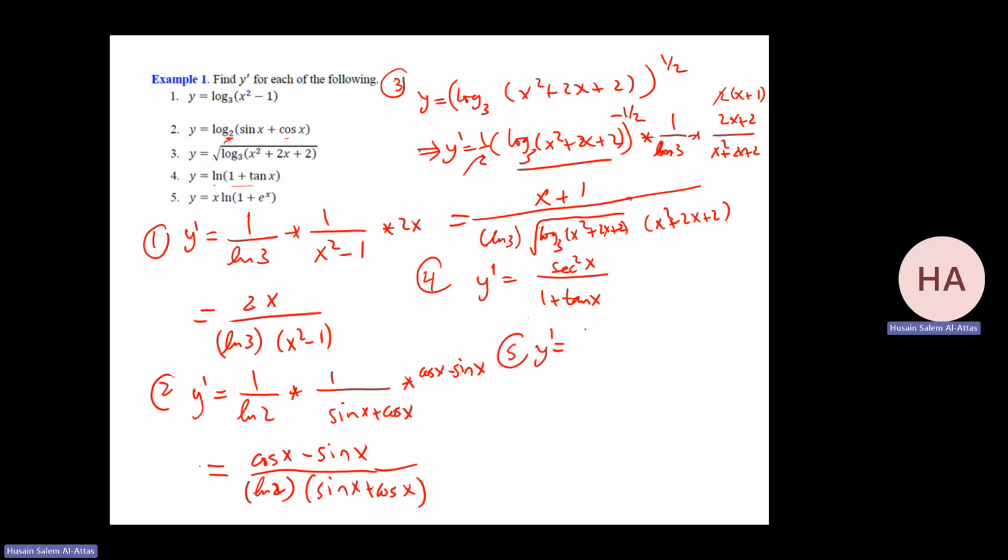So y prime: derivative of the first, which is 1, times ln 1 plus a^x, plus x times the derivative of 1 plus a^x, which is a^x ln a. So that gives me then ln 1 plus a^x plus x a^x ln a.